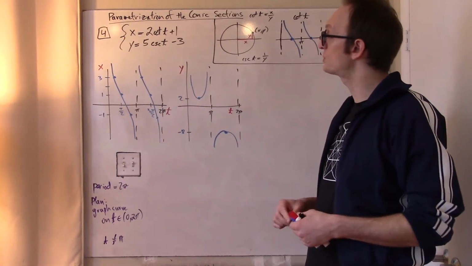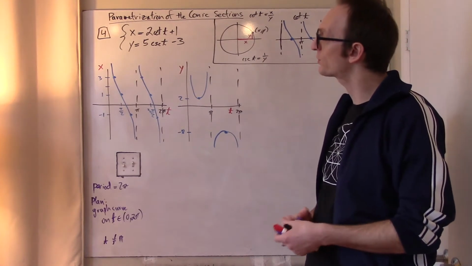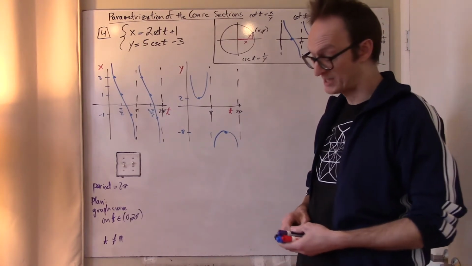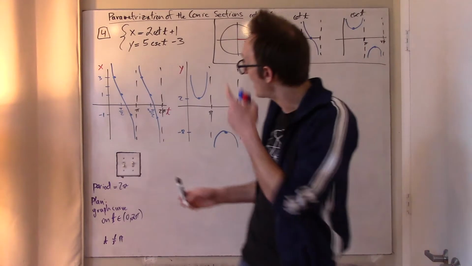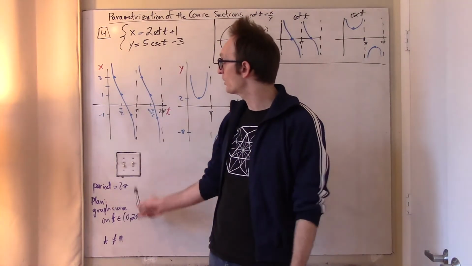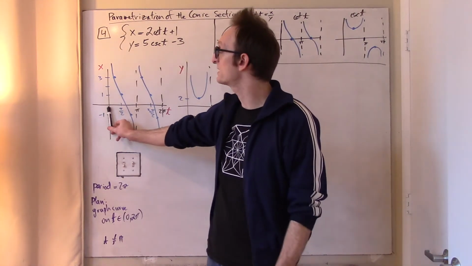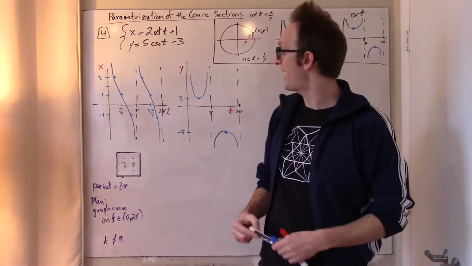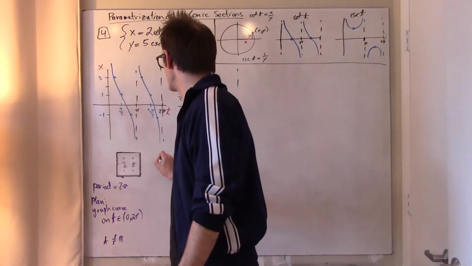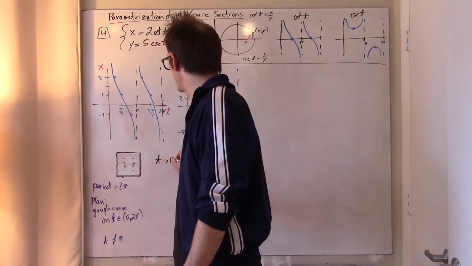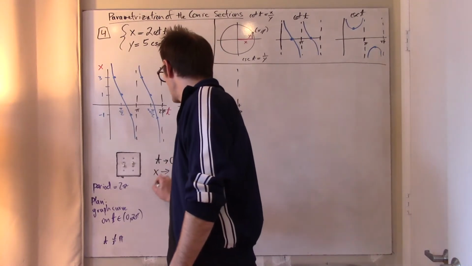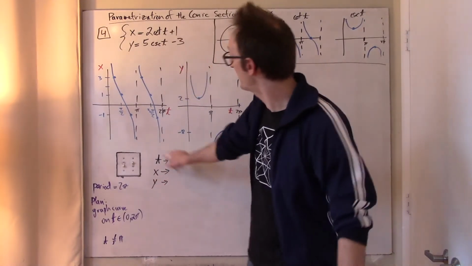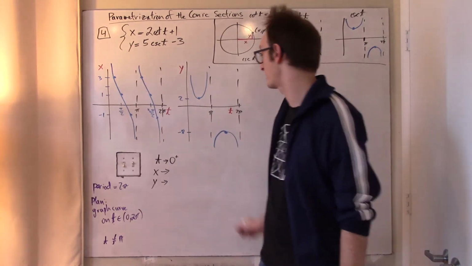What do I have to do? Well, I have to investigate the behavior of x and y near places where t is undefined. And since I've now committed to graphing this starting at t equals 0 and ending at t equals 2 pi, I need to look and see what happens as t approaches 0 plus. In other words, I need to ask the question, if t is a little bit more than 0, what are x and y doing?